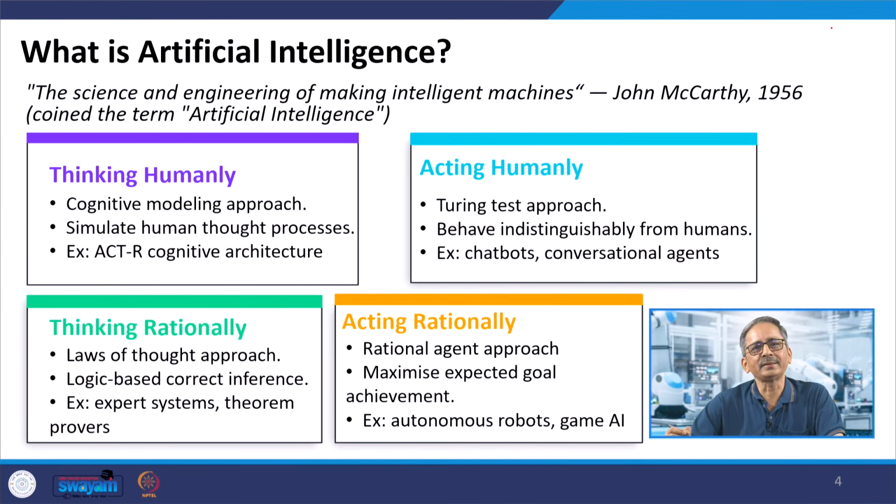So, what is AI? It is the science and engineering of making intelligent machines, and this is the definition given by John McCarthy in 1956, who coined the term AI.